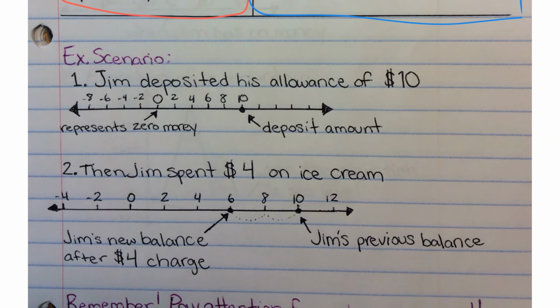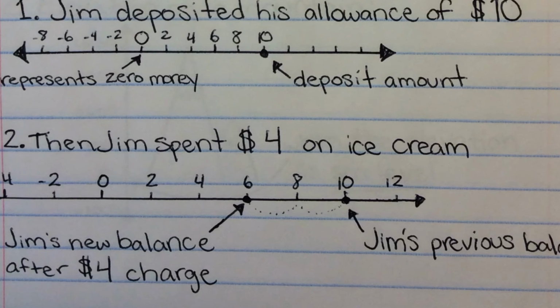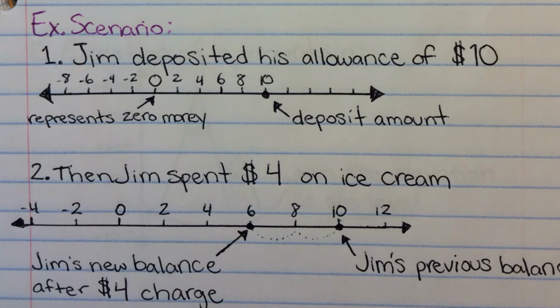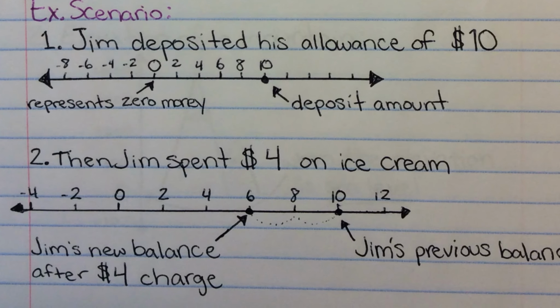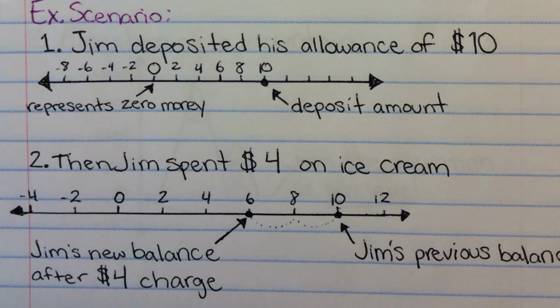Okay, and usually when we're looking at math problems, we're looking at scenarios in real life. So we're going to try and, on this example, figure out in real life what's positive and what's negative. So let's take a look and we'll read this together real fast. Example number 1. Jim deposited his allowance of $10. Okay?